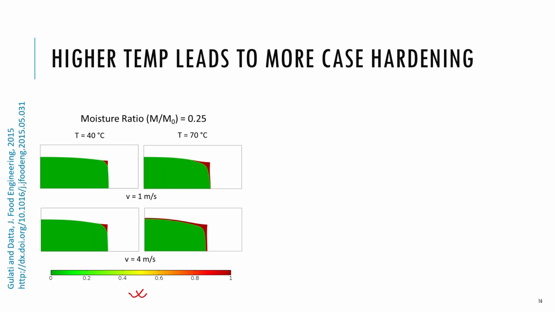The glass transition temperature itself depends on the moisture level and the temperature at that location. This left figure shows early times during drying.